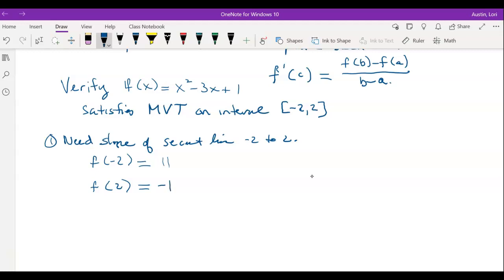Okay. So now I can get that slope. So the slope of that secant line is going to be, our b value is 2. So f of 2 is -1 minus f of -2, which is 11, over 2 minus -2.